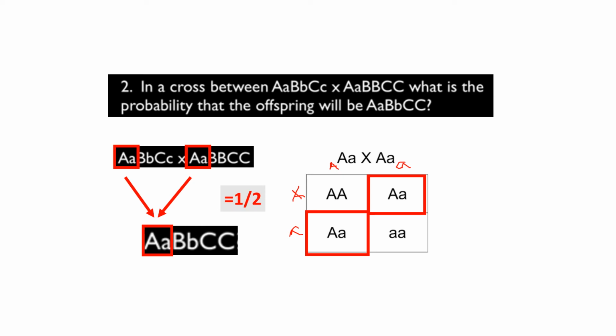Very easy. So the first gene is done. Now let's go for the B. What are the chances of having these parents and getting this heterozygous in the gene B? It will be 50%.